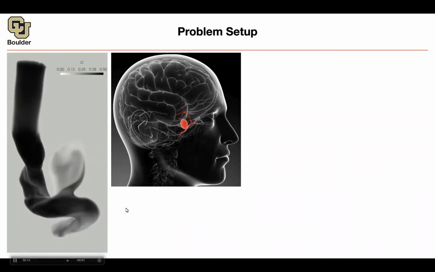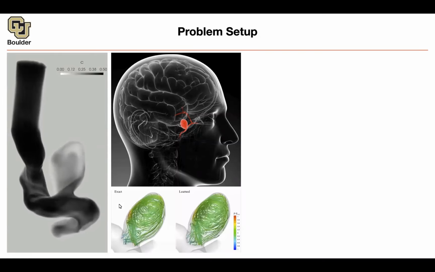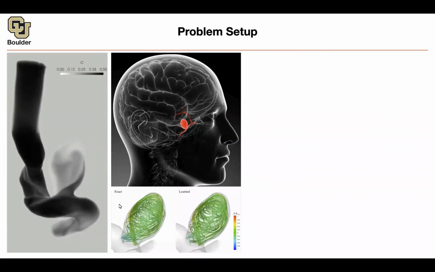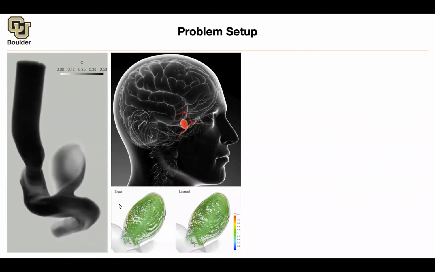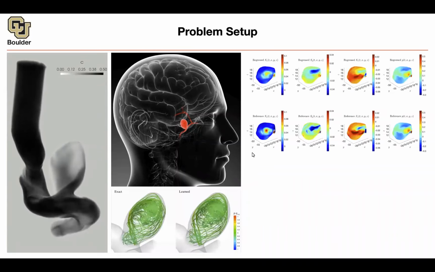That's your input. And you want to design an algorithm that takes this image as an input, and it's going to output the corresponding velocity inside the aneurysm. And as soon as you know the velocity and the pressure, you're going to be able to compute shear stress.